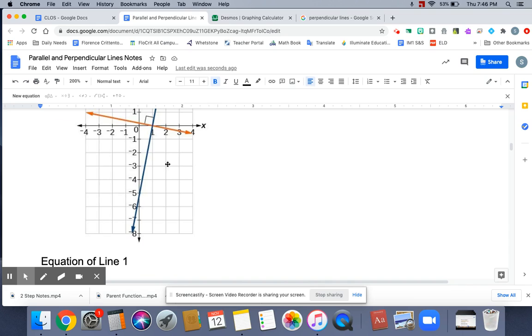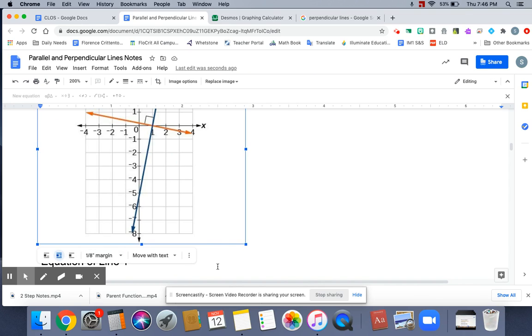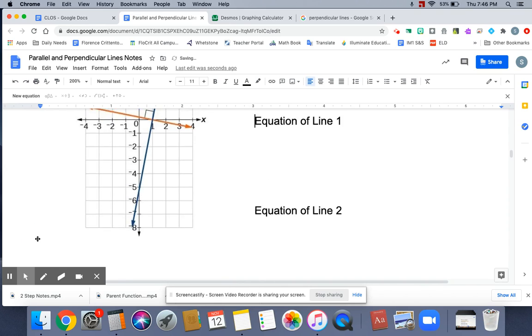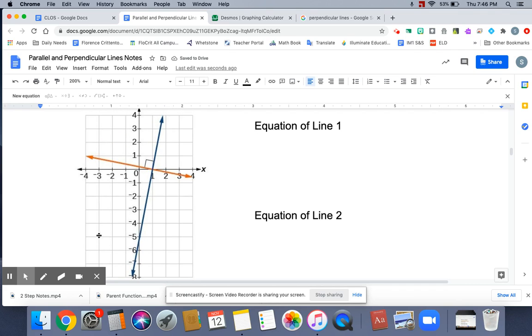So let's figure out the equation of both lines. So let's call the orange one line 1. So I need to pick a good point. Here's one right here, right where that arrow hits. And then these are all decimals all the way till where they cross right here, because that's a good point.